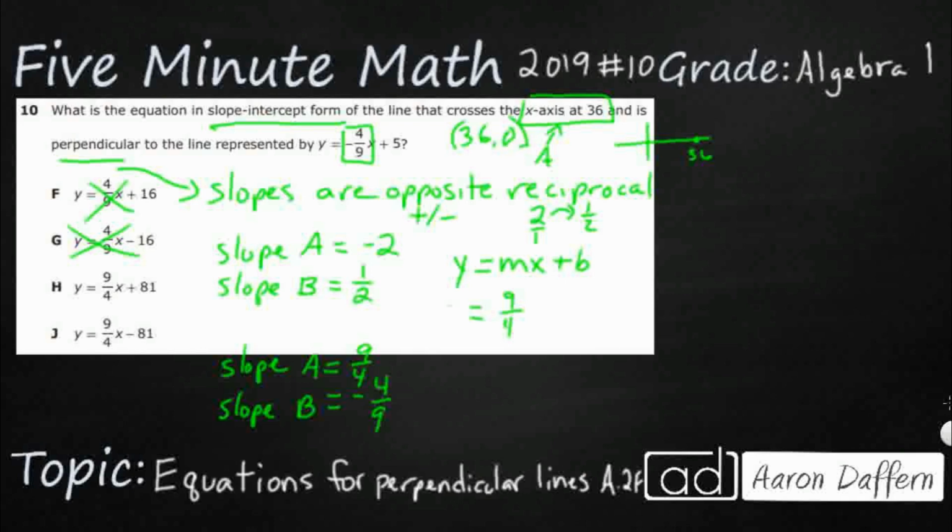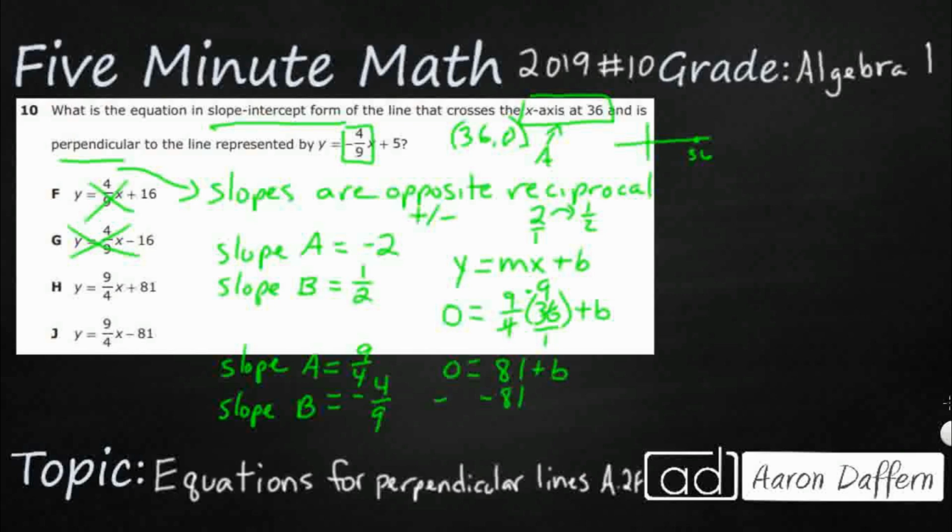So my y is going to be 0. My x is going to be 36 plus b. I'm going to isolate the b. So let's see. That's going to kind of cancel out there, 9 times, so really it's 9 times 9. So 0 equals 81 plus b.